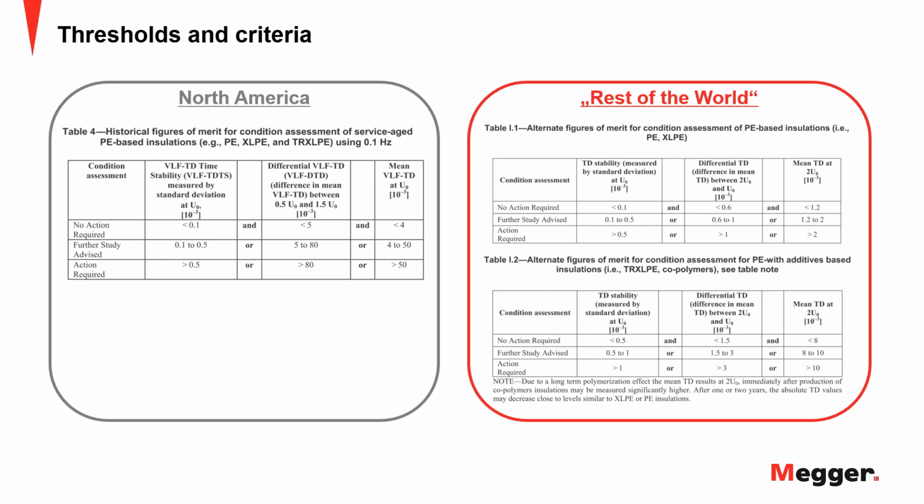You could have a situation where you did a tan delta test and got a good reading, that doesn't mean that you don't have a weak spot. So if you have a concern, you very potentially would do partial discharge. You would do them both. It would depend on the situation.